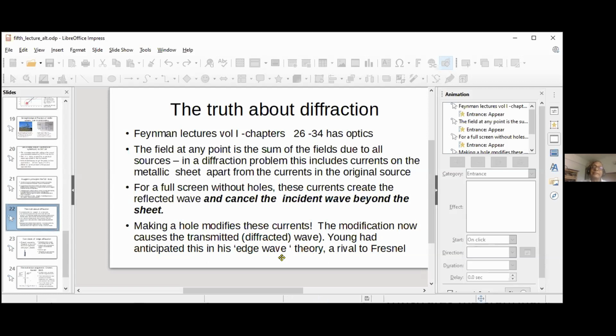Now, it turns out this is also an approximation. And it's also very interesting. I'm not giving you the details. Maybe I can set up some problem based on that. If you take the integral as given by Fresnel, and if you integrate it by parts, you will get contributions from the two boundaries, which is the edges. So mathematically, the edge wave theory of Young and the theory of Fresnel are both approximations.